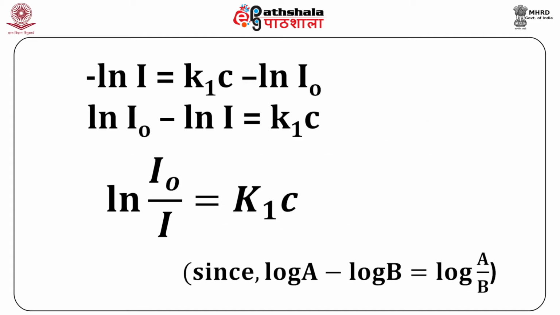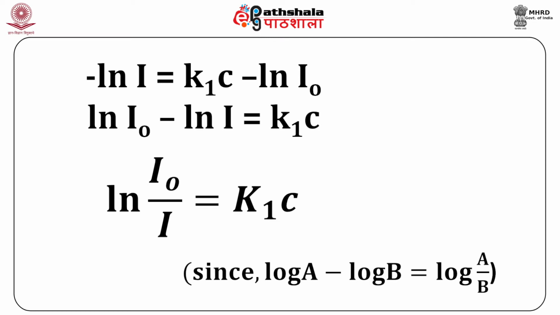This value can now be substituted in equation 1 and we get minus ln I is equal to K1 C minus ln I naught.